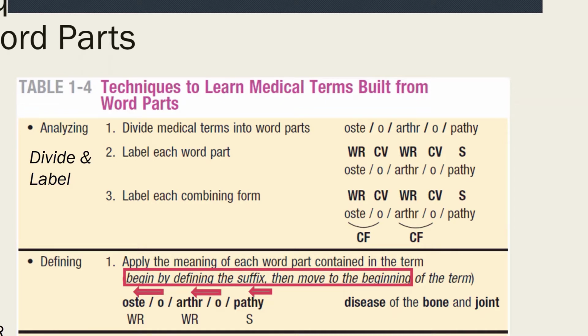And then we have two combining vowels. We have two O's in there, which aren't part of the word root or the suffix, yet they help us to say the word a little bit easier. And so that's called a combining vowel. And one thing we haven't mentioned yet is called the combining form. The combining form is simple. What it contains is the combining vowel connected to the word root.